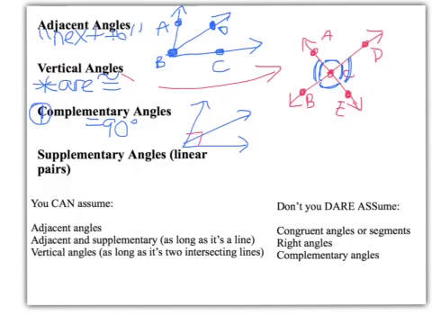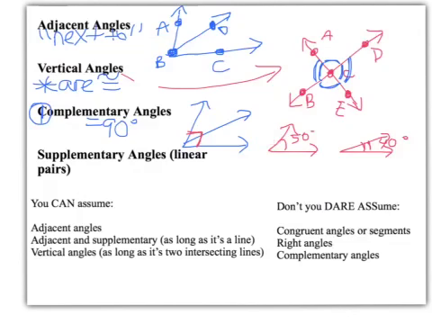If there's that box in the corner telling you that it's a 90-degree angle, that means that you can add this angle plus this angle and set it equal to 90 degrees in order to find the measure of each angle. These are complementary angles that are adjacent, but you can have complementary angles that are not adjacent. So let's say the measure of this angle was 50, the measure of this angle is 40 degrees. They're complementary angles because they add up to 90, but they're not adjacent.